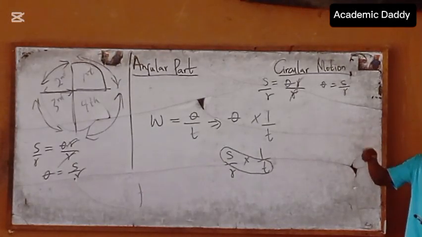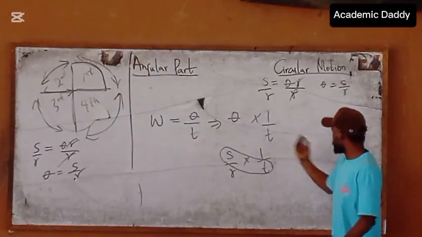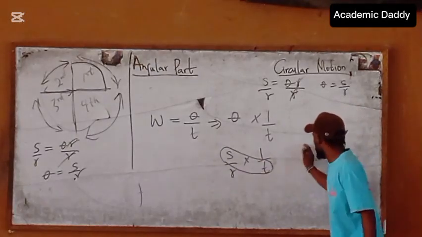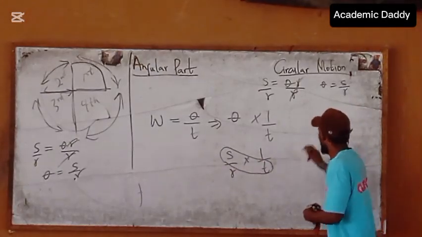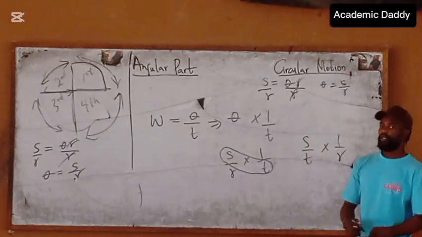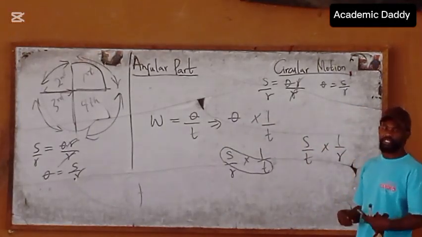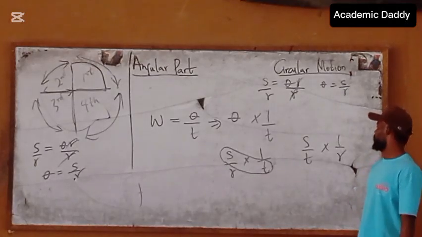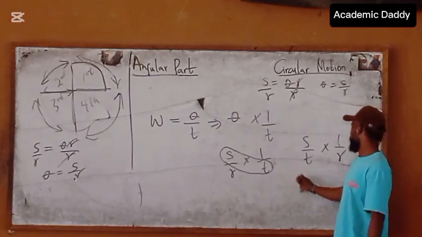Is it not true? So this way, I will now have S over T, which is the same as S over T times 1 over R. Multiplication is distributive. So this will now give me velocity.